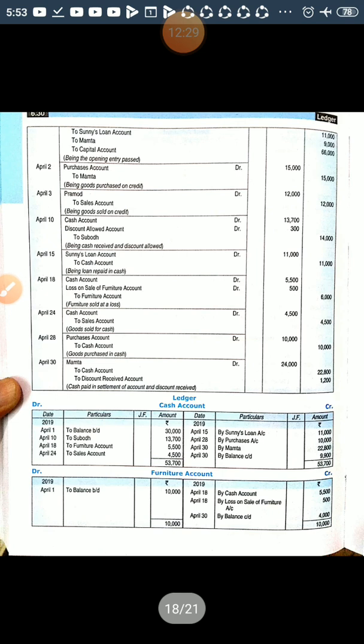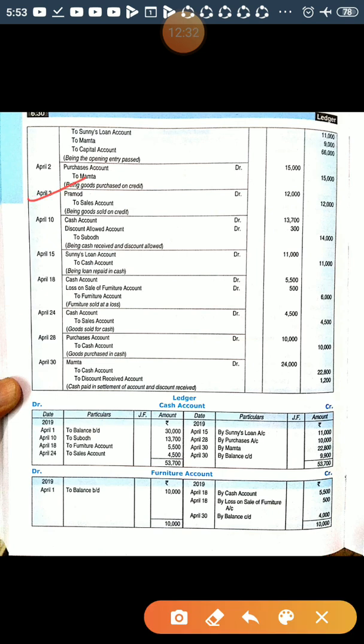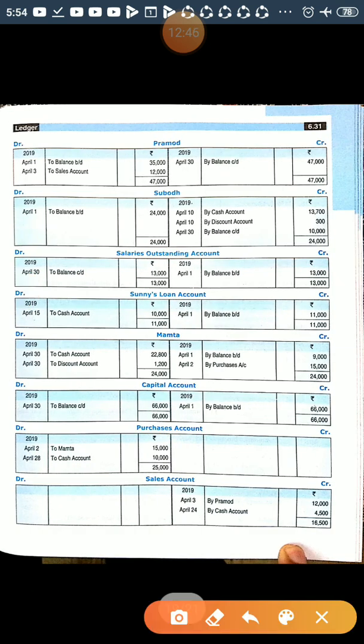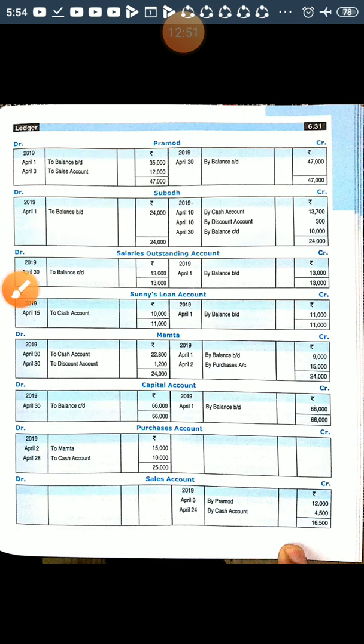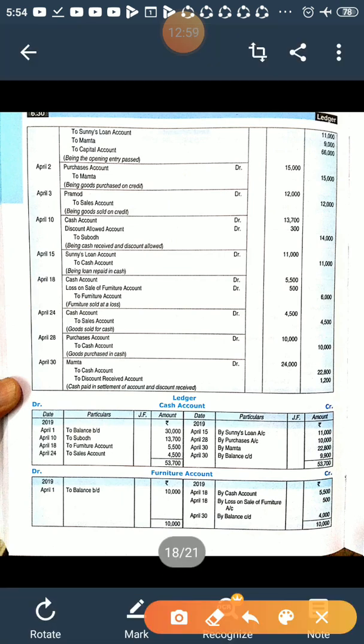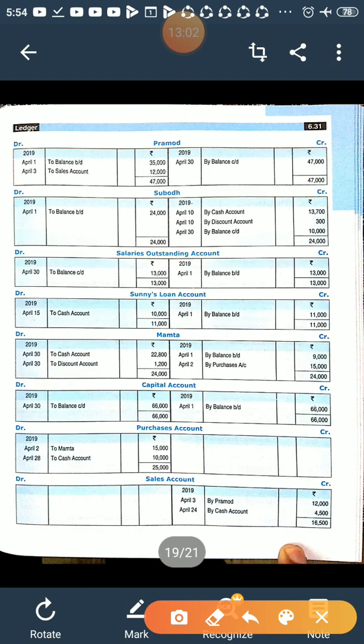Next, suppose I'm taking Pramod account. Pramod is only debited with 12,000. So in Pramod we will write to sales account 12,000. So Pramod is a debtor for us, and it is not yet cleared. At the end of the year, we will balance his account. Pramod account debit side total is 47,000.